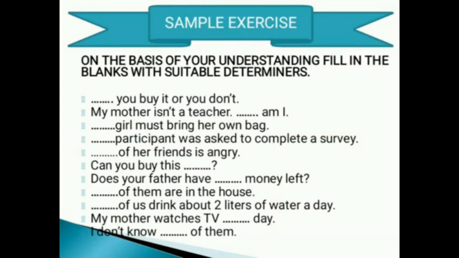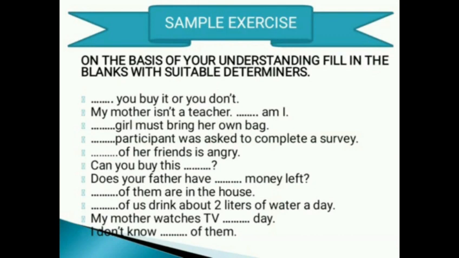Number 2, my mother isn't a teacher dash dash am I. Number 3, dash dash girl must bring her own bag. Number 4, dash dash participant was asked to complete a survey. Number 5, dash dash of her friends is angry.